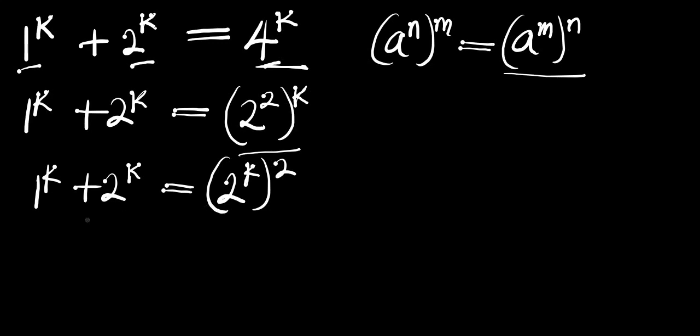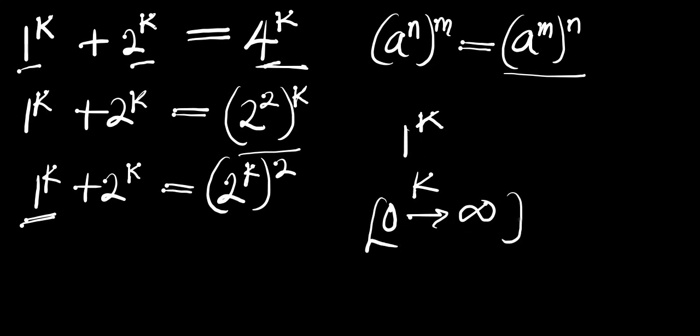So right now, let's work on where we have 1 to the power of k. If you have 1 to the power of k and the value of k ranges from 0 till maybe infinity, that means as long as the value of k is between 0 and infinity, the value of 1 to the power of that number will remain 1.